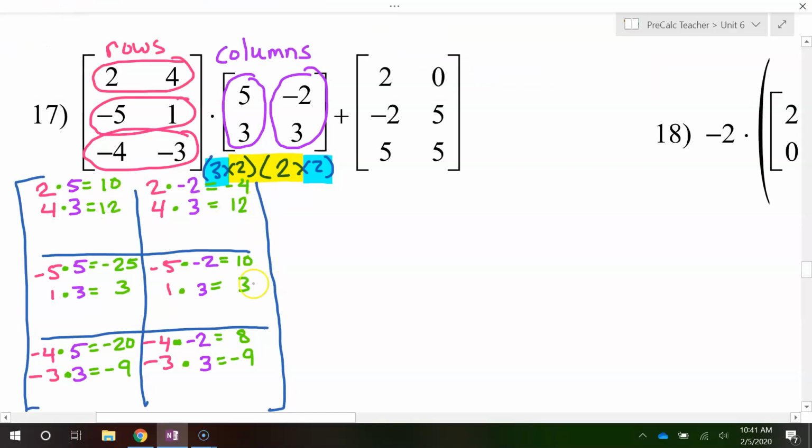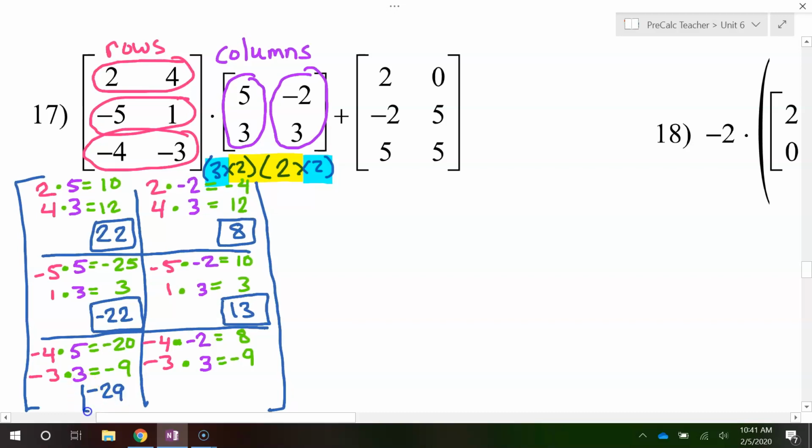Finally, we add the green numbers. So this will be 22 and 8 and negative 22 and 13, negative 29, and negative 1.